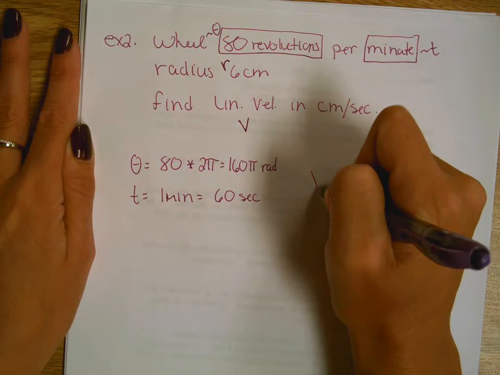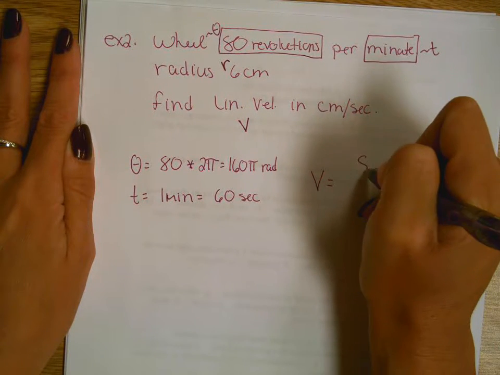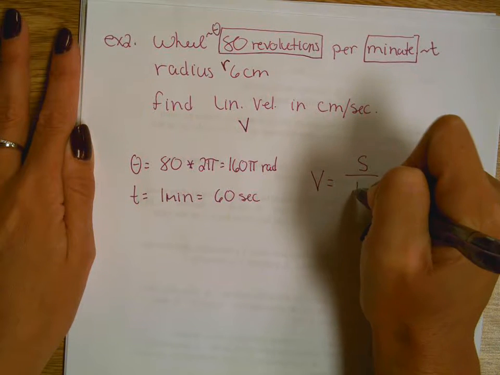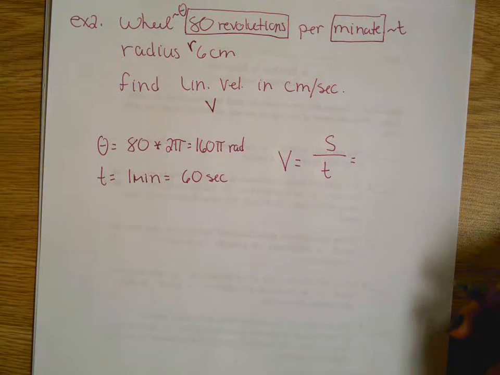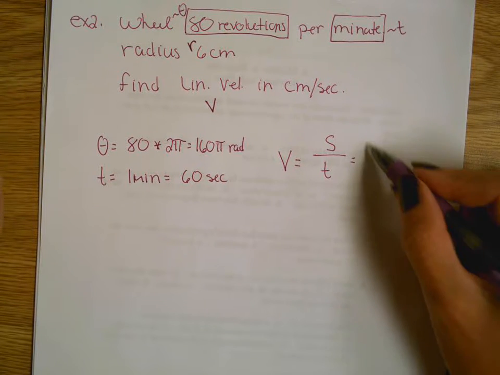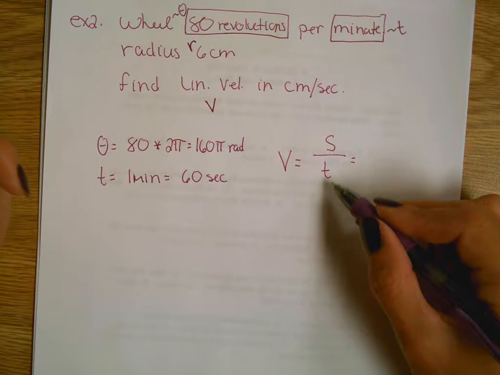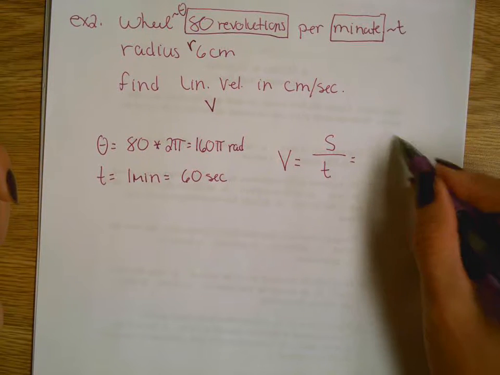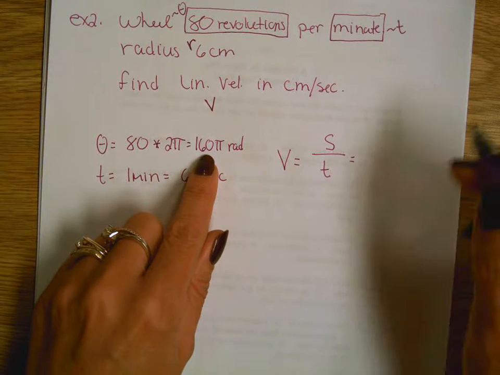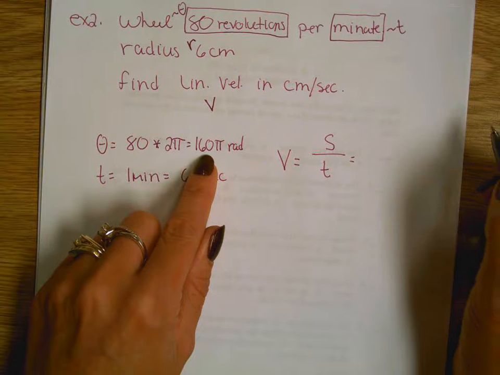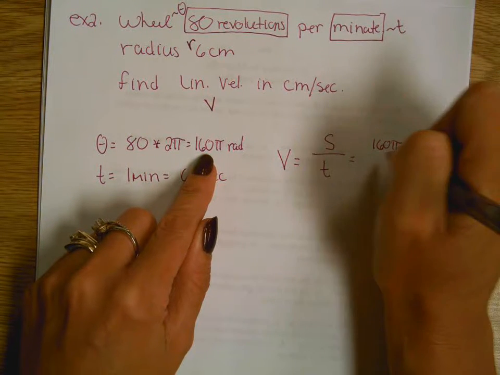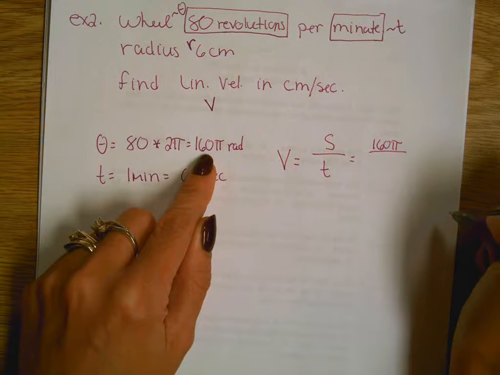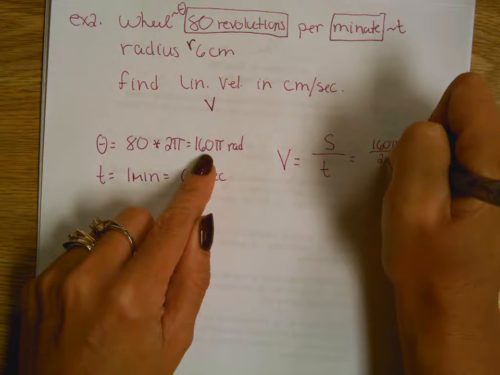So we go right into the formula we just had. Big V equals the arc length divided by time. So arc length is the fraction of our circle times circumference divided by our time value. The fraction of our circle is, it's not really a fraction, it's multiple circles. 160 pi divided by, what do I divide by to get what fraction of a circle? 2 pi.